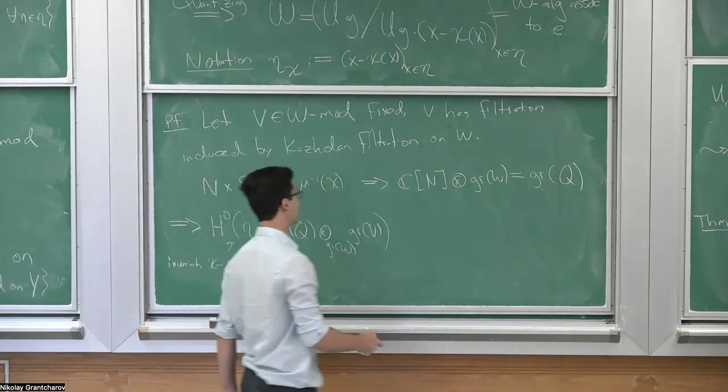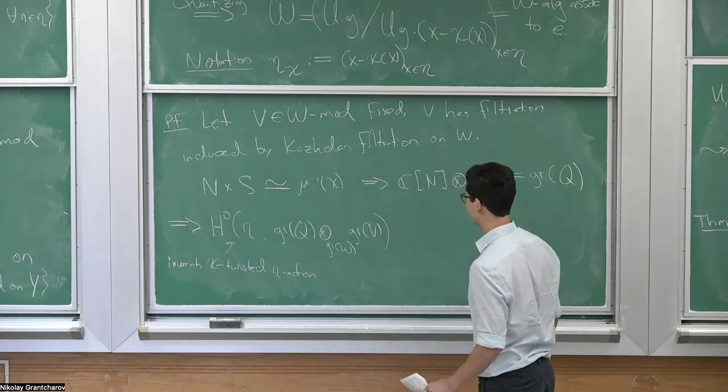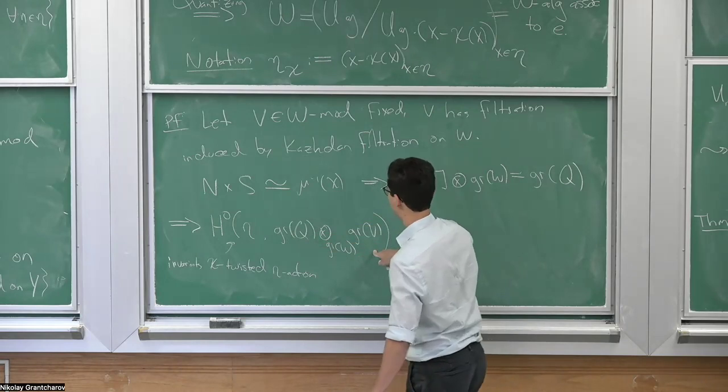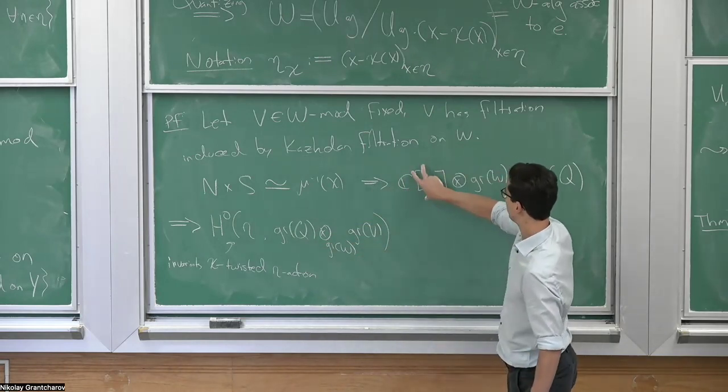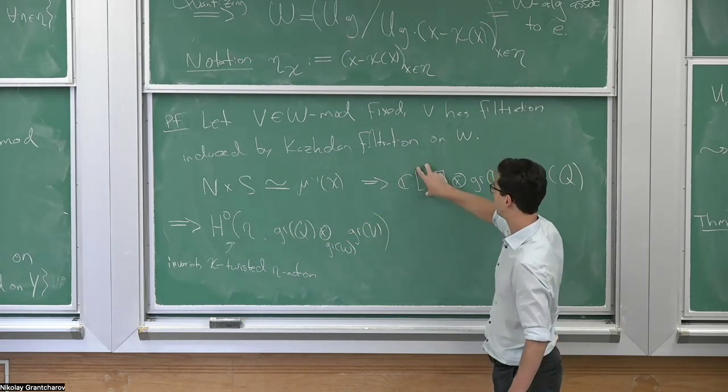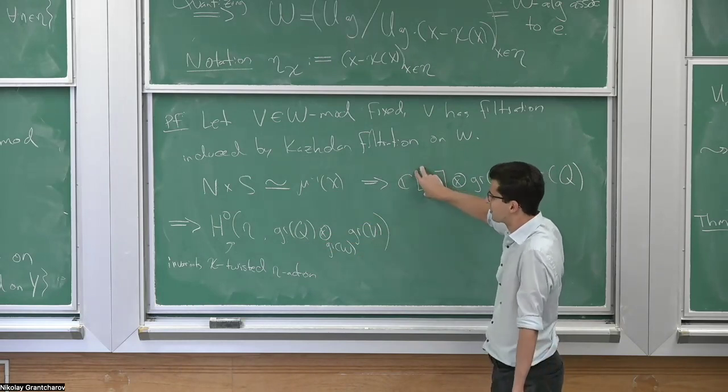So this tells you that taking n invariance of this is the same thing as taking n invariance of functions on n tensor gr V, but the only n invariant functions on n are the constant functions.